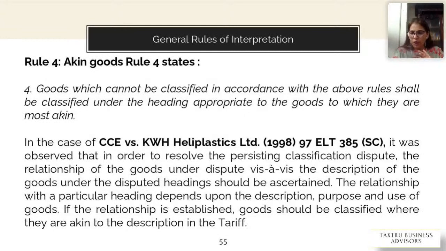We have seen the classification of sanitizer. There was a whole lot of ambiguity whether it has to be classified as a disinfectant or as a medicament. We have seen a plethora of opinions floating around, but until it is settled by the apex court, we are all just assuming, and there are still various descriptions and confusion between the headings.